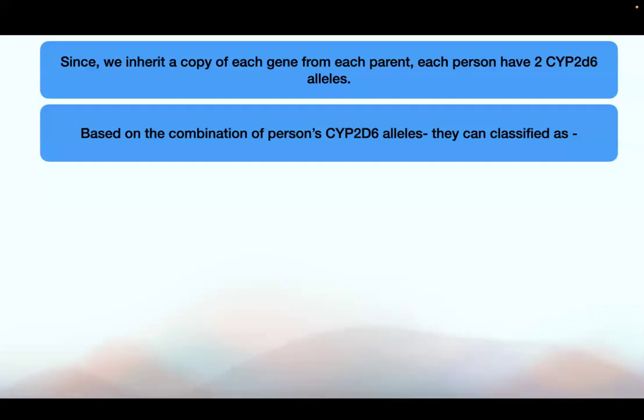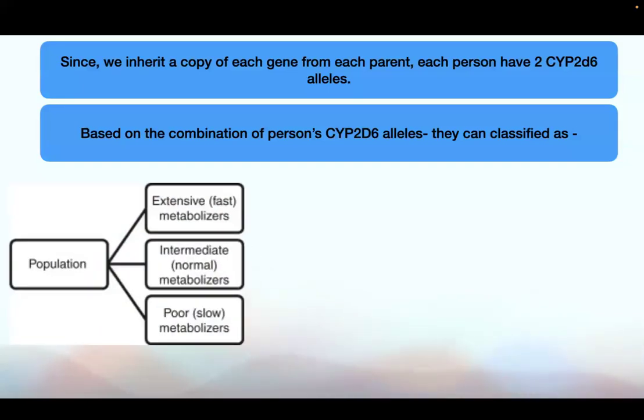Based on the combination of a person's CYP2D6 alleles, the population can be classified as extensive metabolizer, intermediate metabolizer, or poor metabolizer. Again, two alleles are responsible, each inherited from each parent, and a person has two alleles.